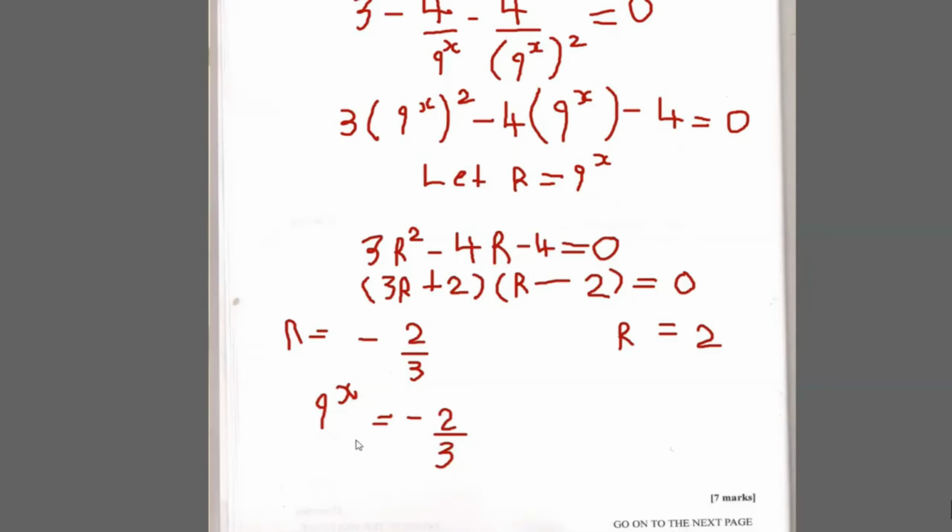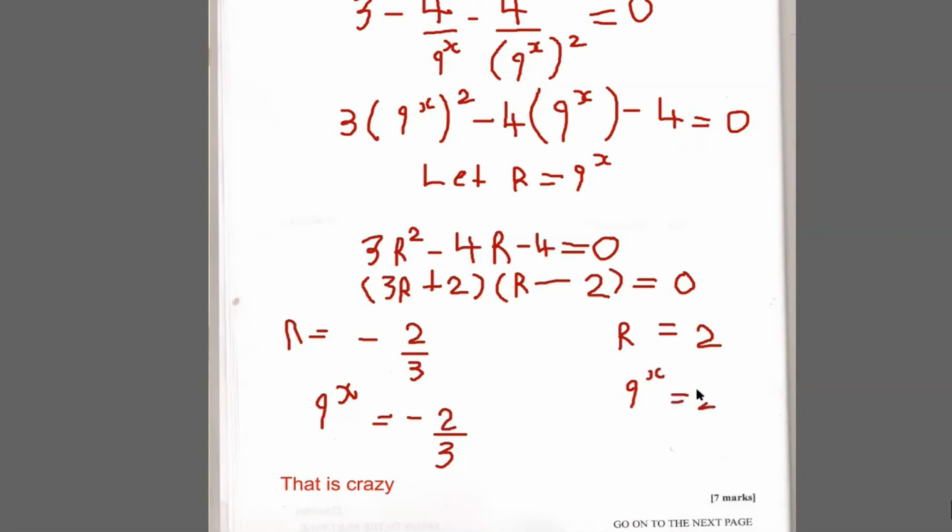That's crazy. You cannot raise a number to a power and get a negative answer. So we can ignore that. And over this side, r equal to 2, this is telling us 9 to the x is equal to 2.